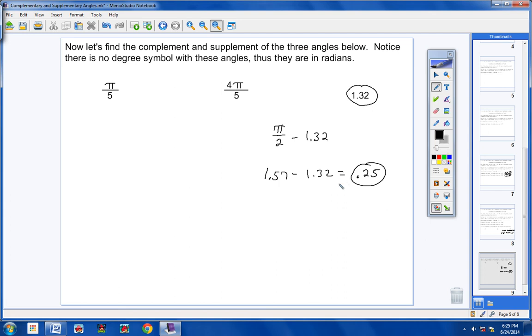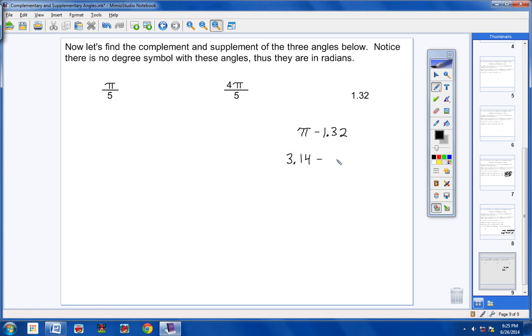Okay, let's go ahead now and find the supplement of this angle. Well, of course, this is in radians. There's no degree symbol here. If there was a degree symbol there, we would use 90 degrees, and we would use 180 degrees, okay? But there's no degree symbol, so we're dealing with radians, so I'm going to use radians. And of course, pi is the same thing as 180 degrees. So I'm going to take pi minus 1.32. Now pi, of course, is the same thing as 3.14.